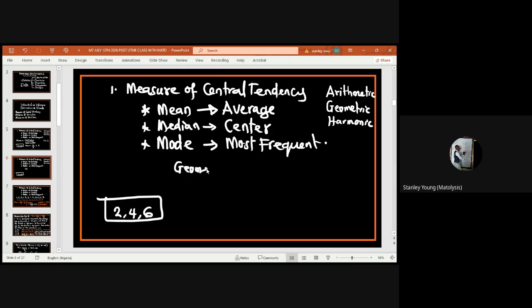I'm only talking about this because sometimes they ask. Geometric mean means you have the nth root of x1 times x2 times x3, and it goes on that way. Where n is simply the number of entities you have, we have 3 entities here, so the root is 3.